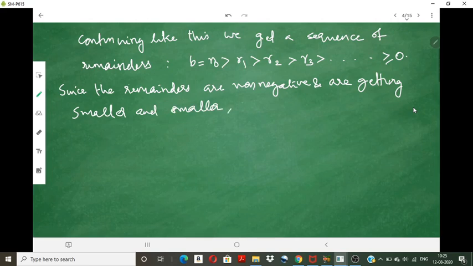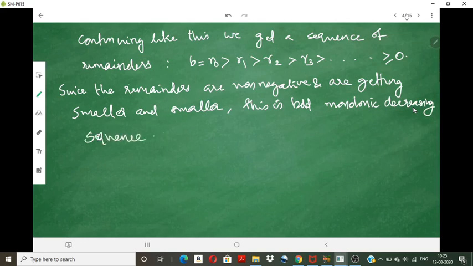That means this is a bounded monotonic decreasing sequence, and we know that by the monotone convergence theorem this must converge to a number, isn't it?